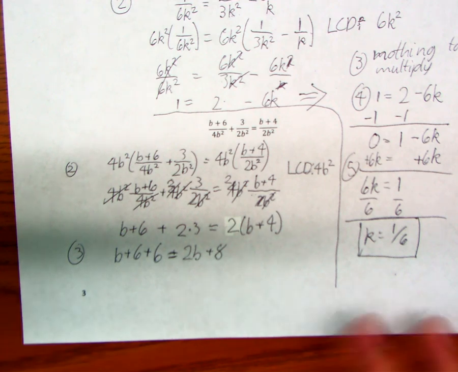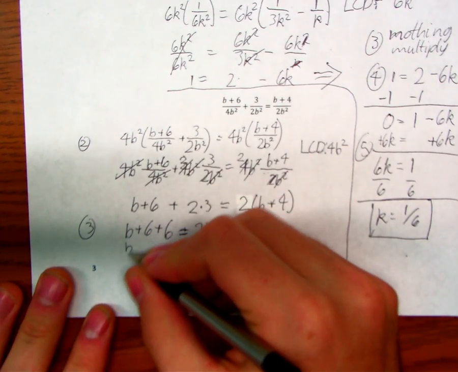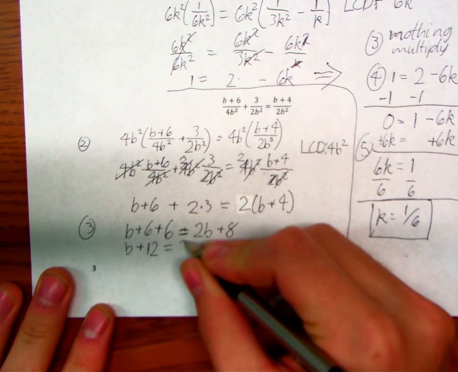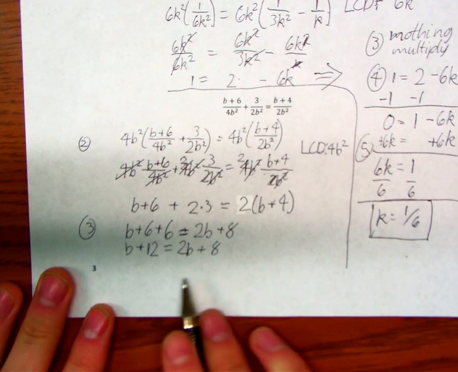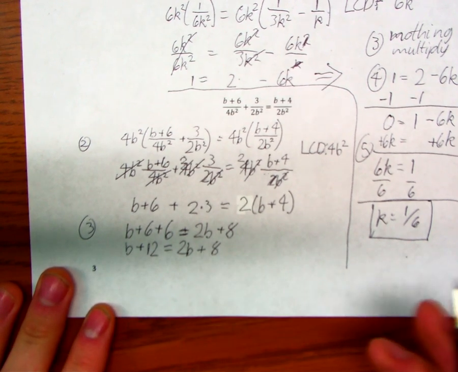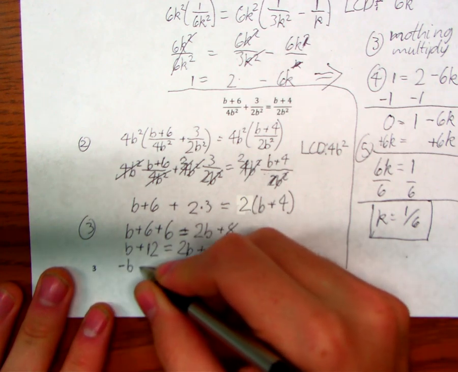Now I want to get everything onto one side or the other. First let me combine my 6 plus 6. I'll combine like terms real quick. I'm going to choose to take all the stuff on this side and put it on this side. You can do it either way, but I think that's going to be the easiest thing.